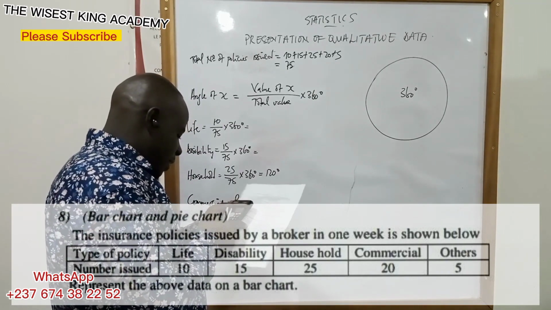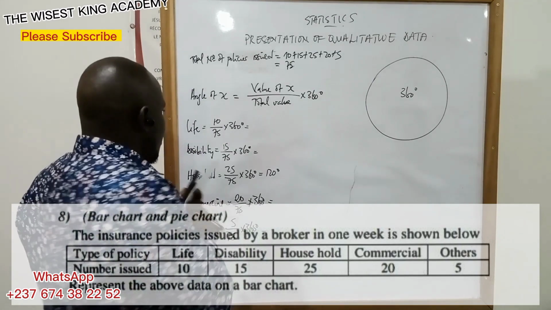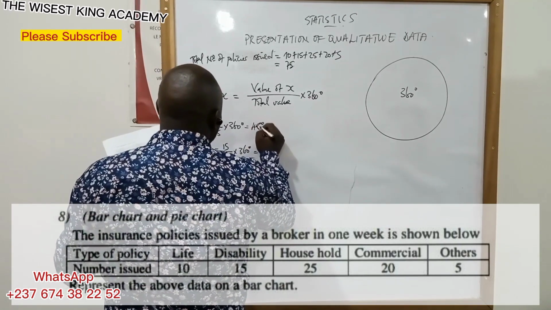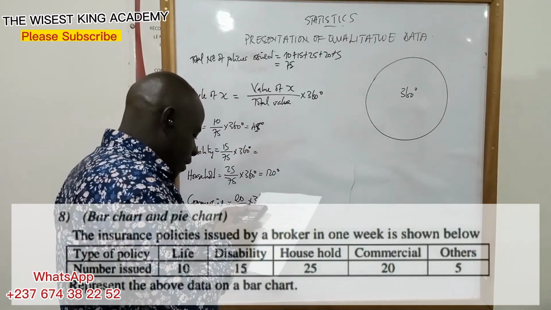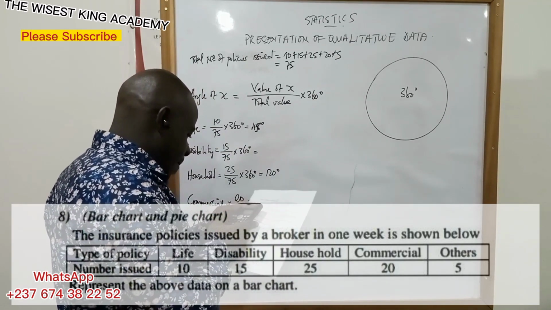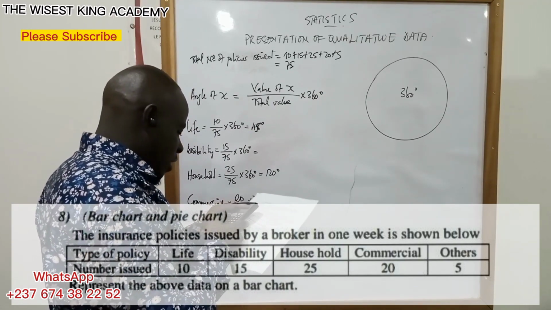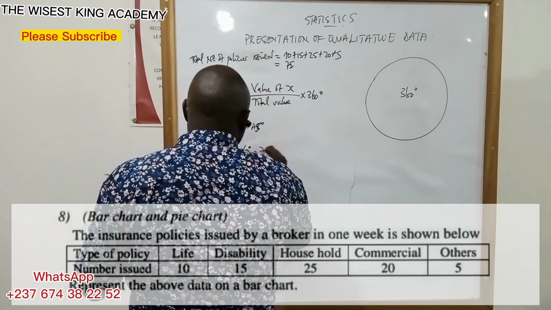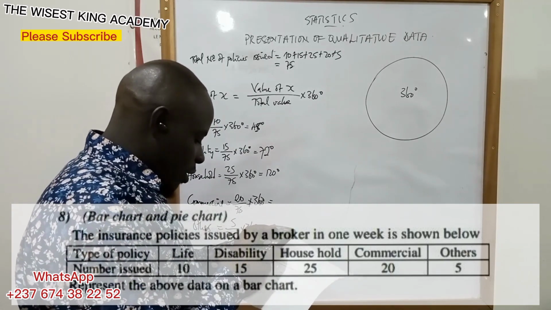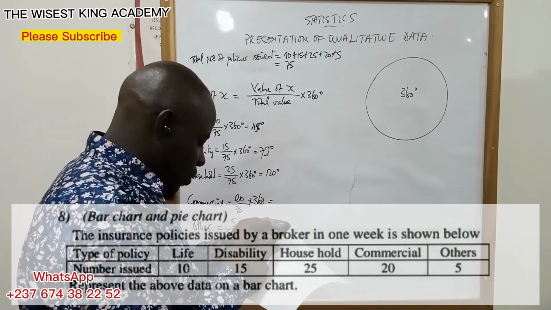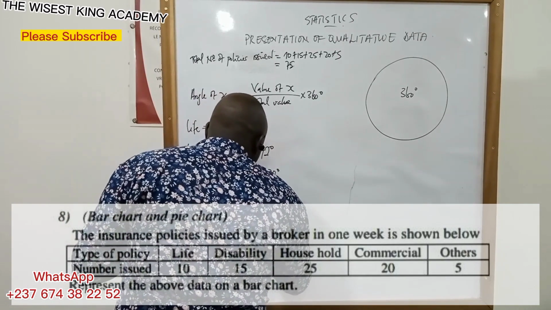10 divided by 75 equals 2 times 360, 48 degrees. 15 divided by 75 times 360, 72 degrees. 20 divided by 75 equals 2 times 360, 96 degrees.